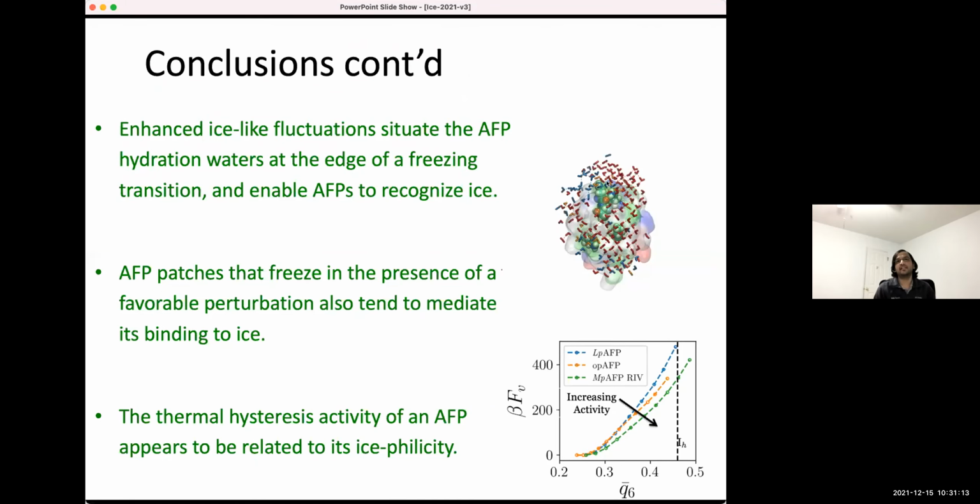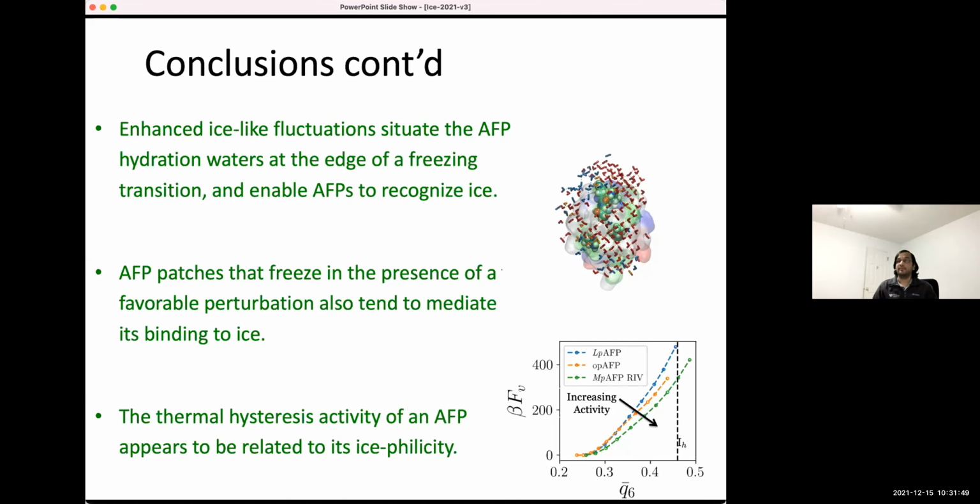Yeah, that's a great question. The one that I'm showing you here is actually a type 3 AFP from ocean pout, and we do see that they behave very much in line with our expectations. Now, we haven't looked carefully at what the bridging waters do, whether the binding motif is an anchored clathrate-like one or a different one.